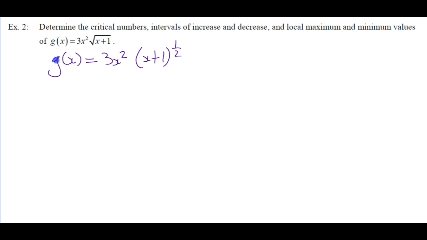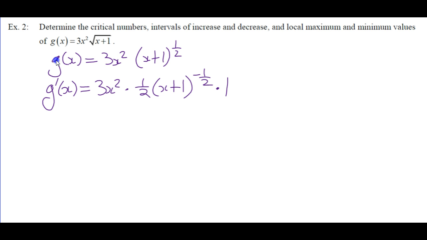So g prime of x is 3x squared times 1/2 x plus 1 to the negative a half times 1. Let's write it out, times 1, just so we know you really did find the derivative of the inside, which is just a 1.